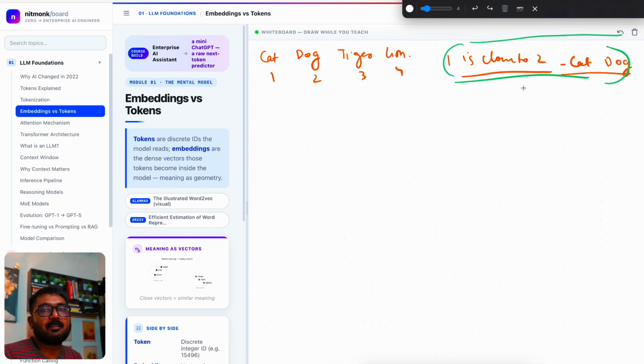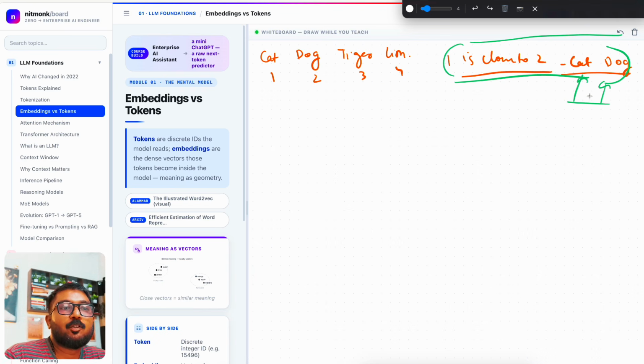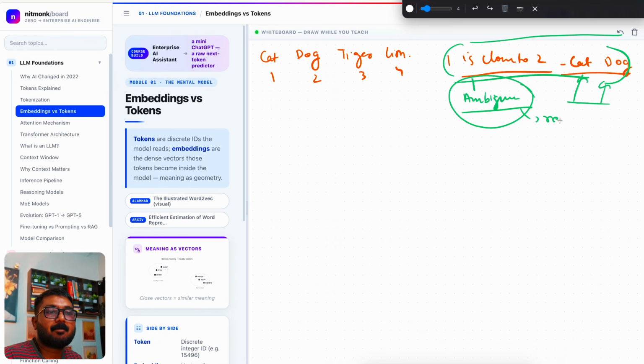It's not making any sense why they are closer. If you had never seen a cat and dog, if they were alien animals, you wouldn't be able to judge whether they are similar, or male or female. You say they can be similar, but the computer doesn't know it. So that becomes very ambiguous, and this ambiguity we have to remove.